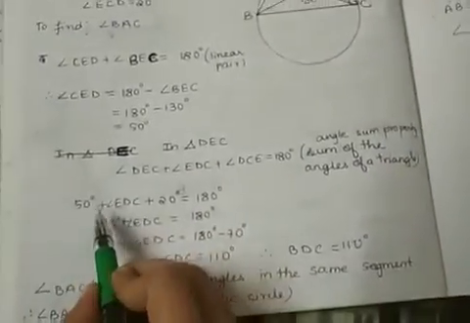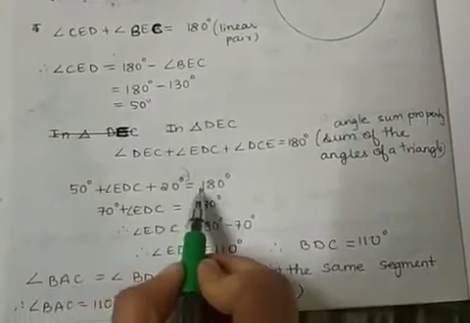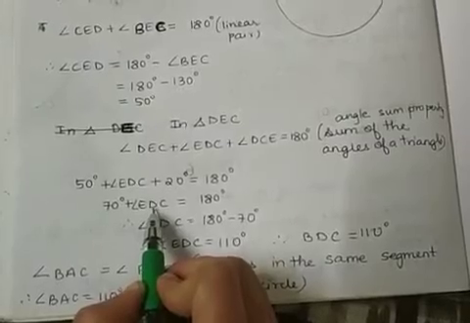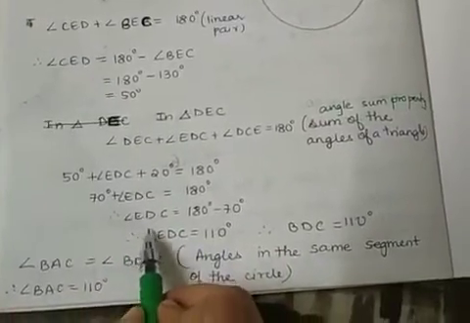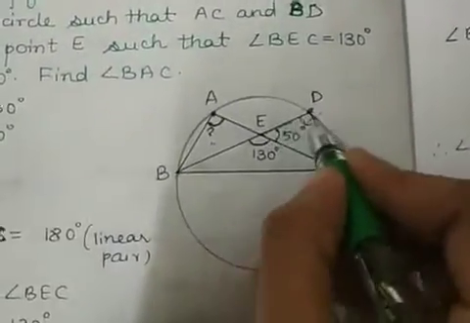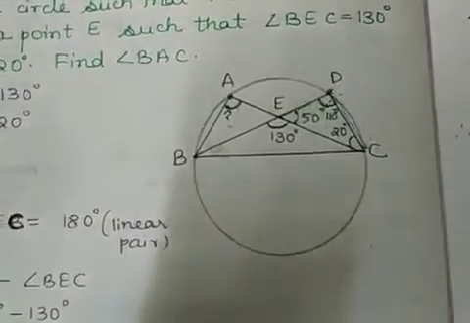So let us substitute 50 degrees plus angle EDC plus 20 is equal to 180. This is 70 plus angle EDC is 180. So I get angle EDC as 110 degrees.